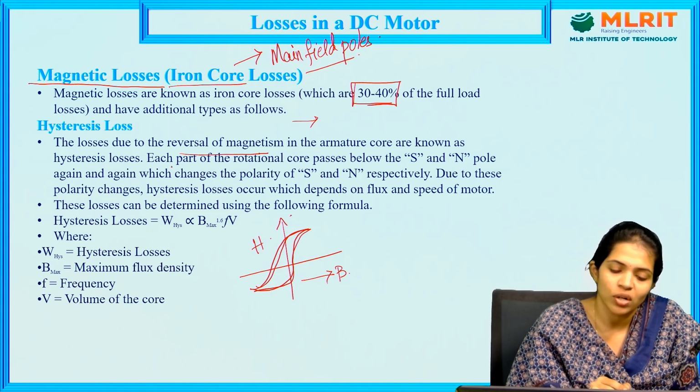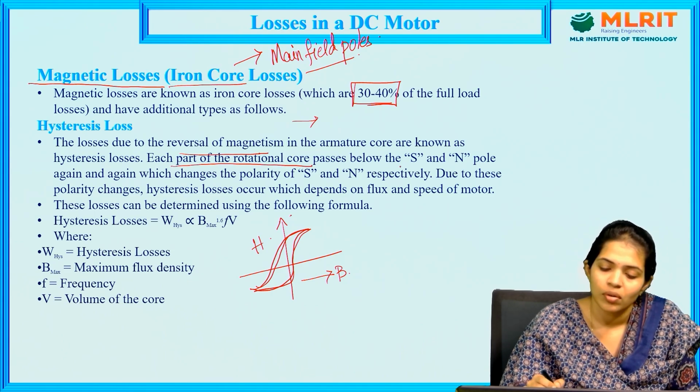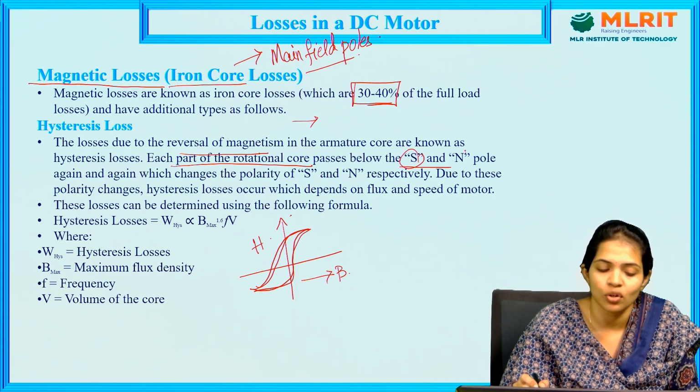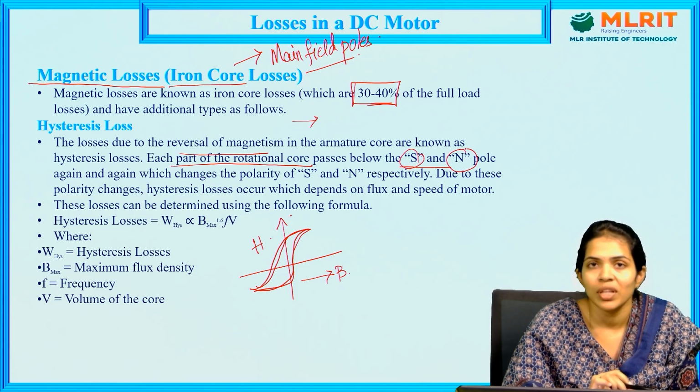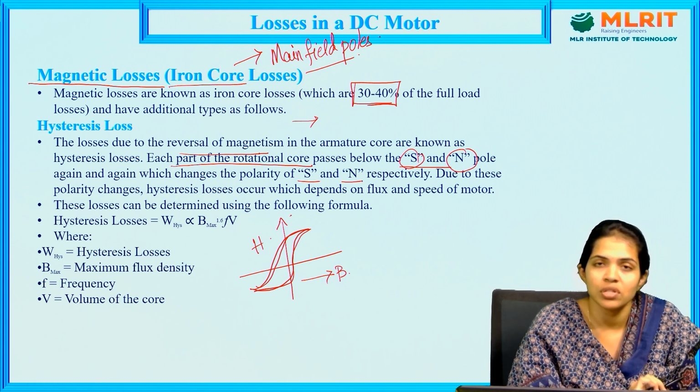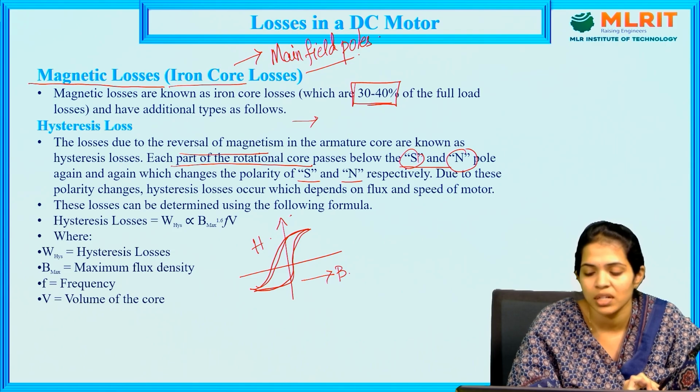Each part of the rotating core passes between the two poles, the south pole and the north pole. When the rotor in the armature starts rotating, it consequently passes through the different poles, north pole and south pole.